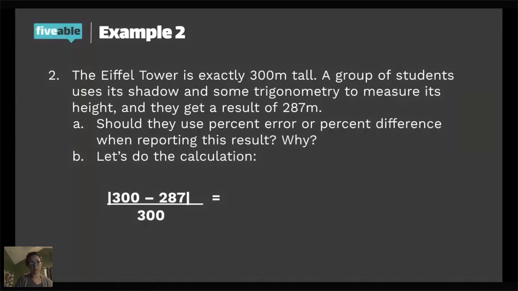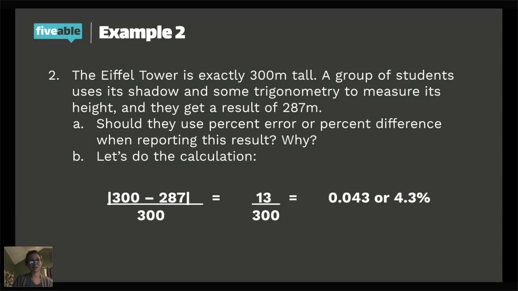So that's what we want to put in the denominator. It's not how far away from the average are we, it's how far away from this target value. And so then we get 13 divided by 300, and we get 0.043 or 4.3%, which is pretty impressive for measuring a shadow and trying to use the line of the sun. Yeah, not a real experiment, so we can make it as impressive as we want.